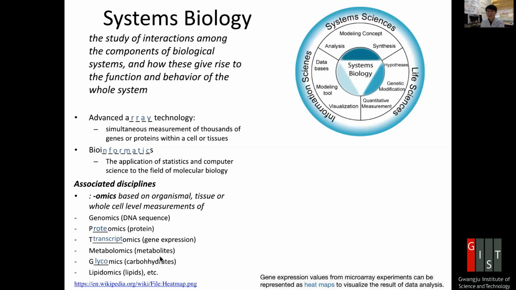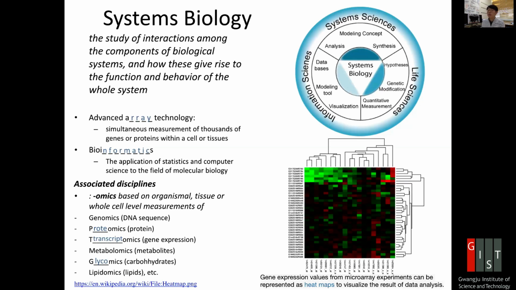And to deal with this gene expression, I just bring one example here. Each dot means the gene expression of one part. This green and red is called a heat map. Compared to the relative average, if the expression is higher, you give a more reddish color. If it's lower than average, you give, in this case, a green color.